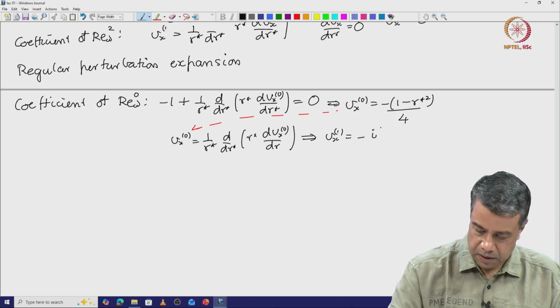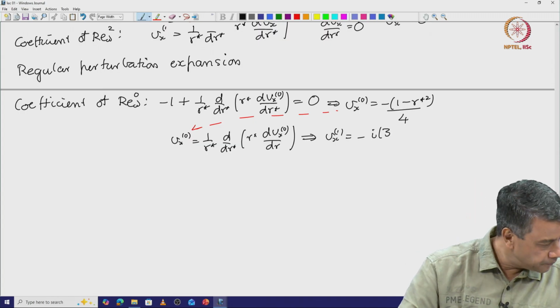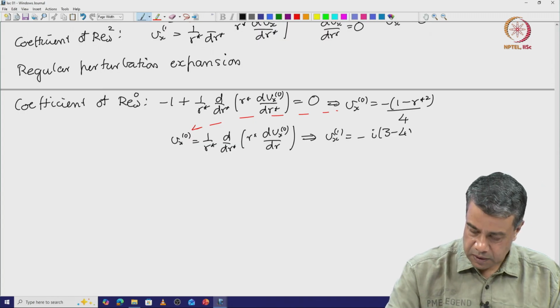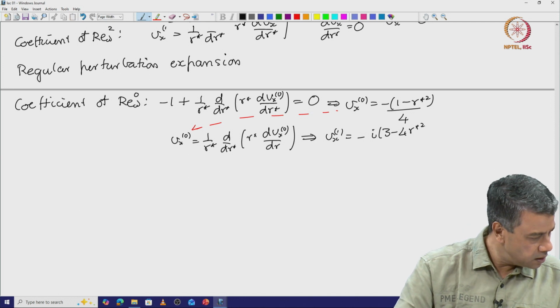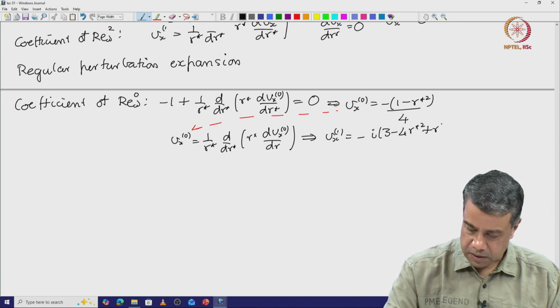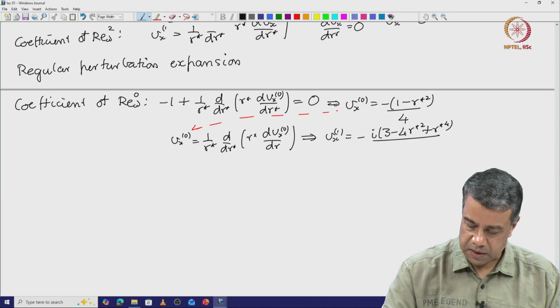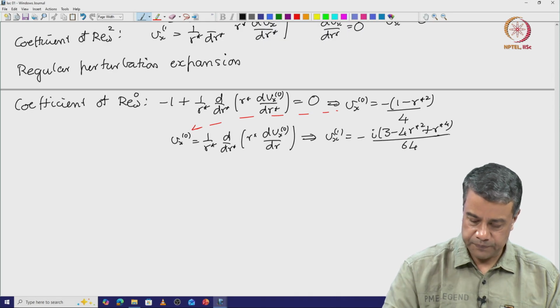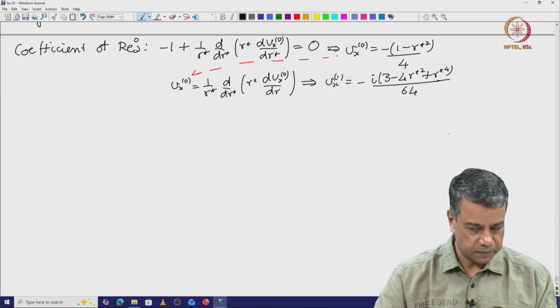And I will get Vx1 is equal to minus I into 3 minus 4 r star square plus r star power 4 by 64. And like that I can solve the next equation.